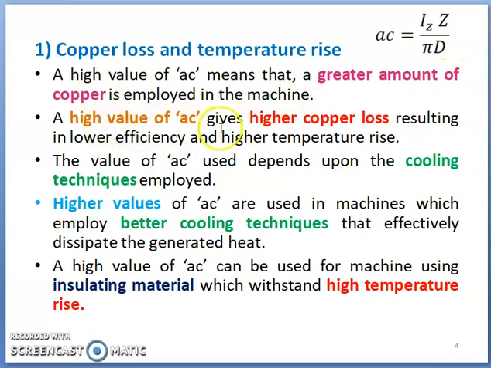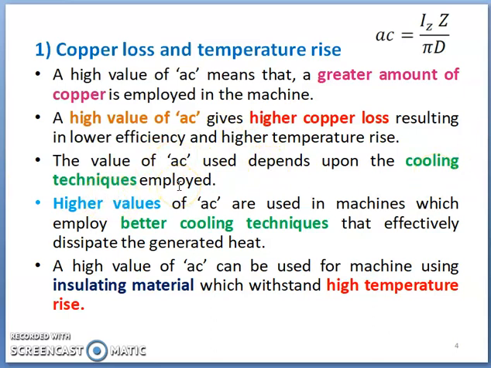A higher value of AC gives more losses, which results in lower efficiency as well as a rise in temperature. Whatever loss occurs in the machine appears in the form of heat, and because of that there is a rise in temperature. The value of AC to be chosen depends upon the type of cooling technique used.